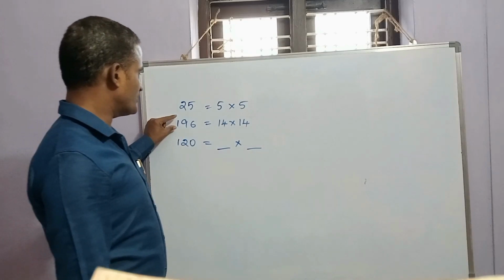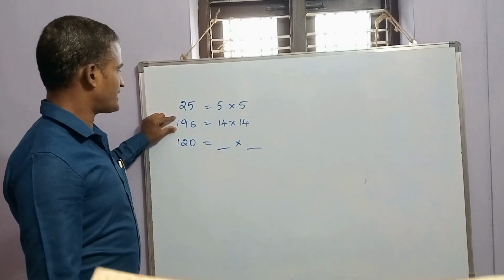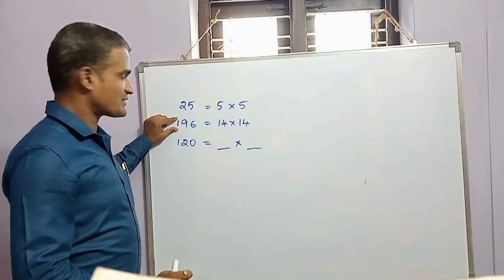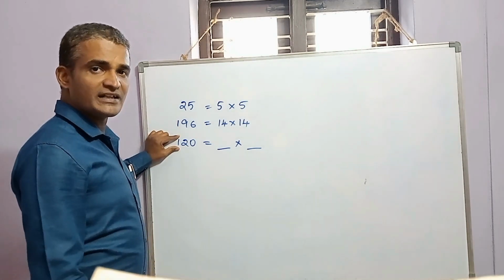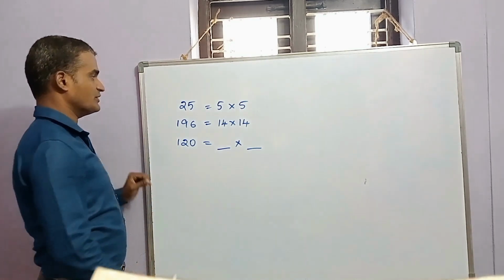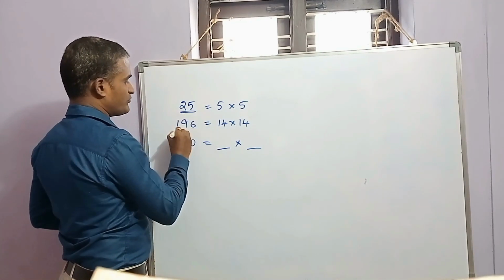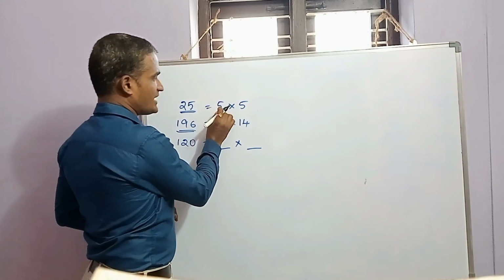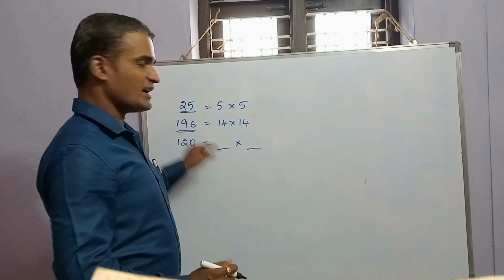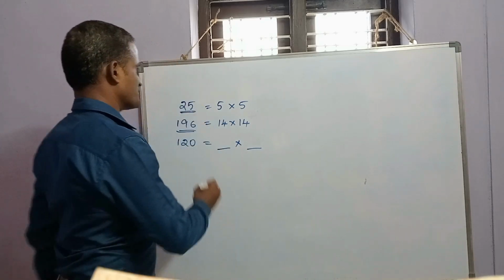So this 25 and this 196 we call perfect square numbers, but this 120 is not a square number. Any number that you are able to write as a product of two same numbers, we call a perfect square number.